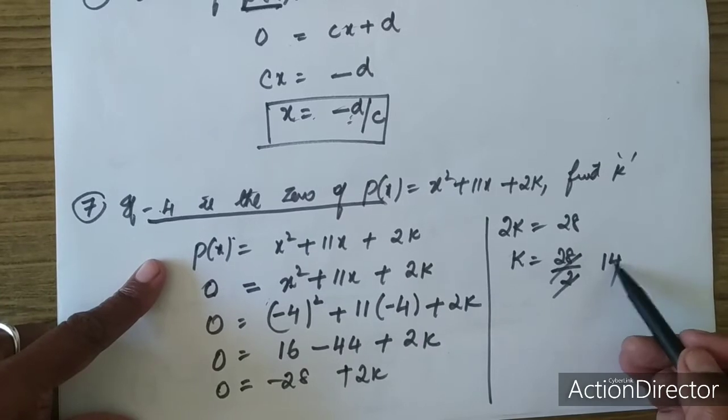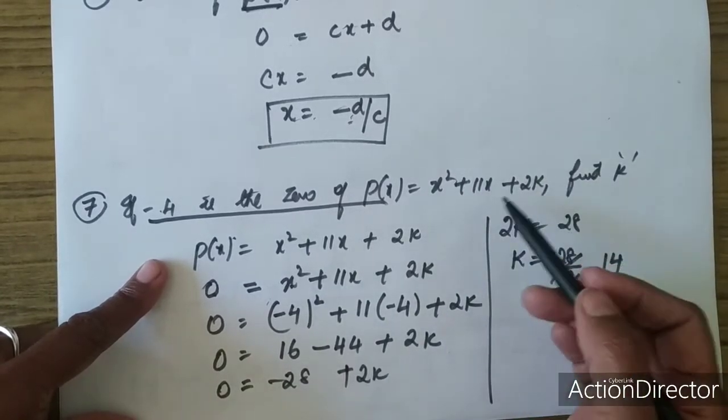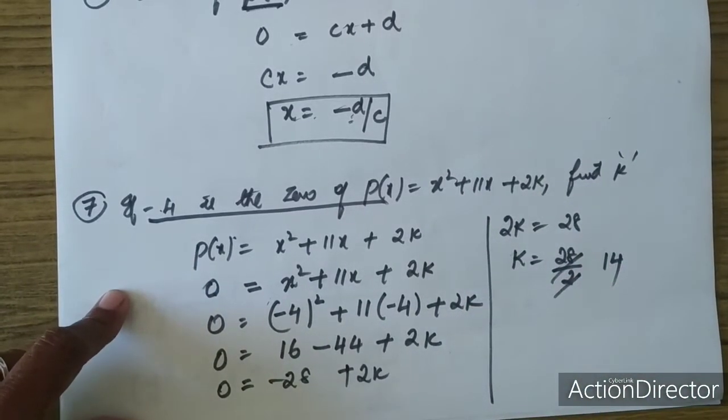For the value of k equal to 14, this whole expression is going to be equal to 0. Next question.